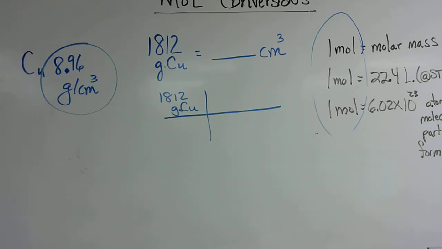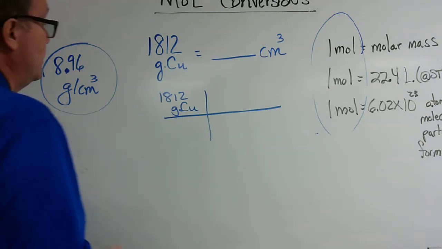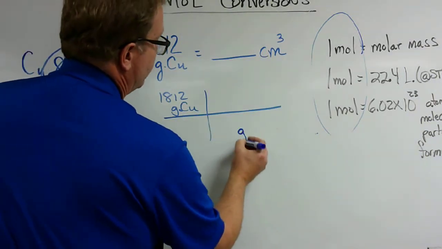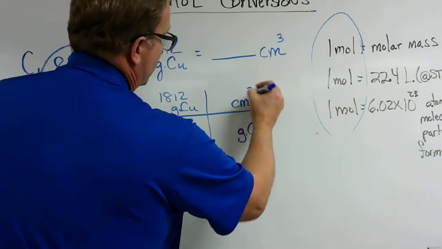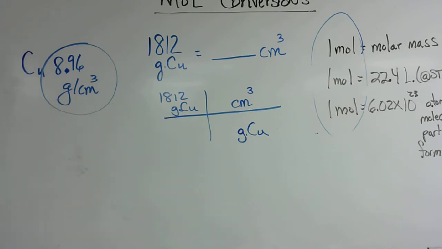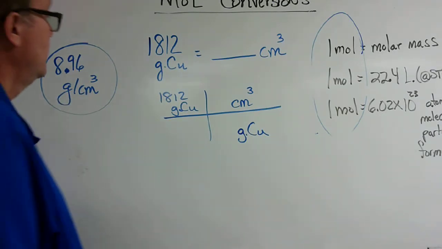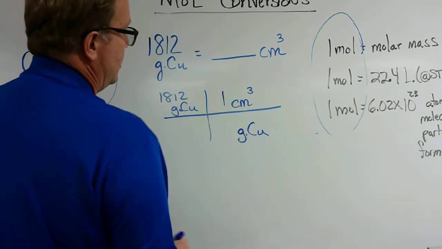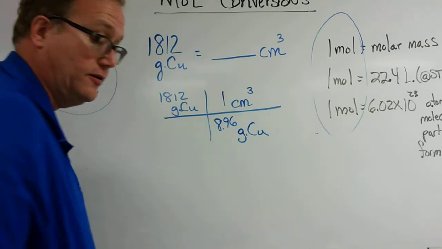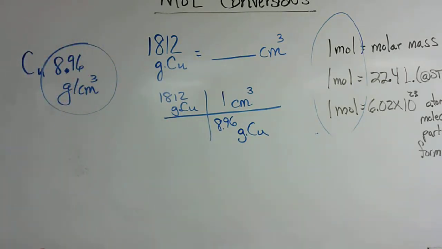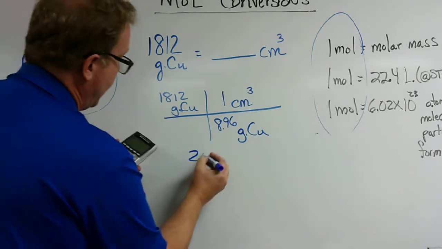So that's 8.96 grams per cubic centimeter. We're going to go grams of Cu, but now we're going to use cubic centimeters because that's what my formula provides me. That is per 1 cubic centimeter, and my density is going to be 8.96, and this is where I'm going to put it. So again, you got to be flexible, but again, main objective, we follow the pattern.